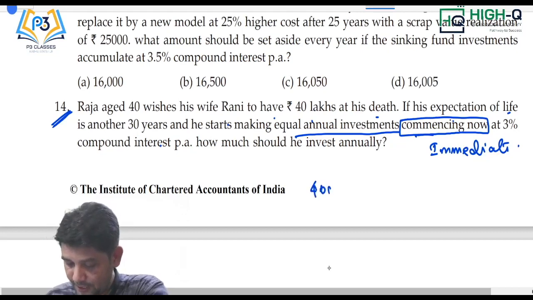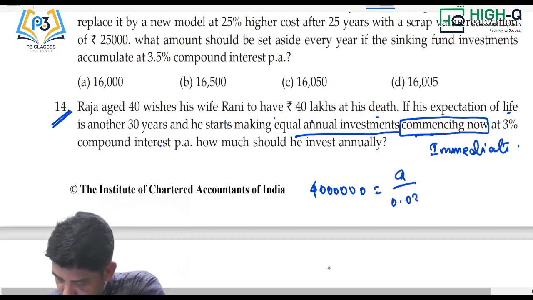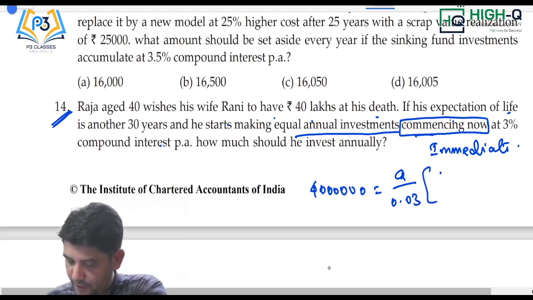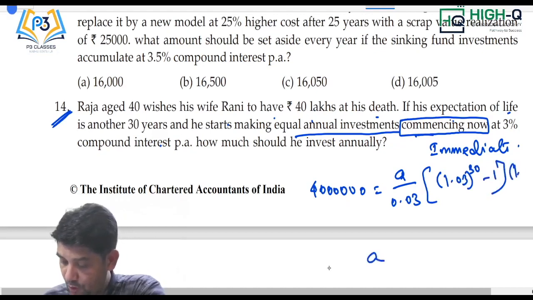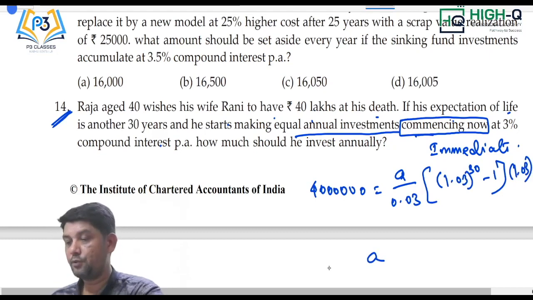So 40 lakhs equals A by I, into (1 plus I) whole power 30 minus 1, into 1.03. That is 1 plus I to be done.